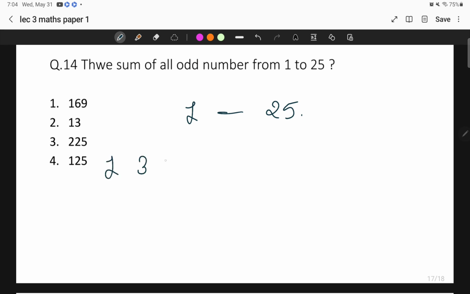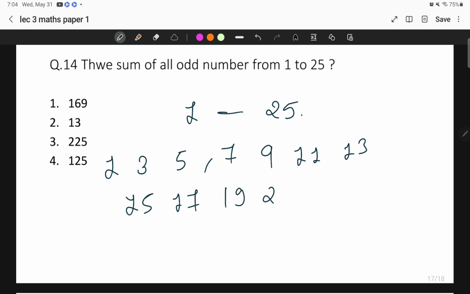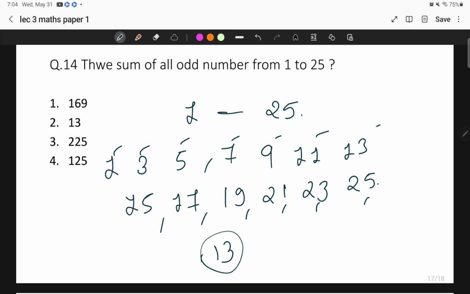The odd numbers are 1, 3, 5, 7, 9, 11, 13, 15, 17, 19, 21, 23, 25. Got it? How many odd numbers are there? 1, 2, 3, 4, 5, 6, 7, 8, 9, 10, 11, 12, 13 odd numbers. So we have to take the sum of the first 13 odd numbers.